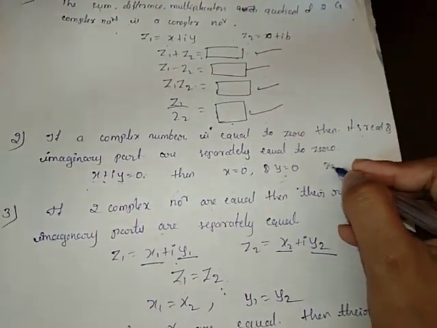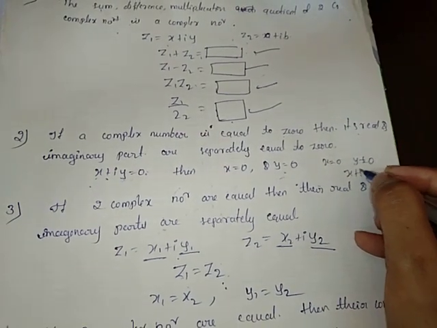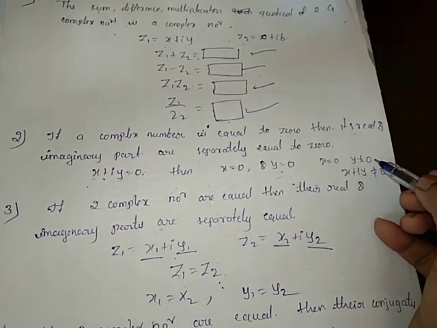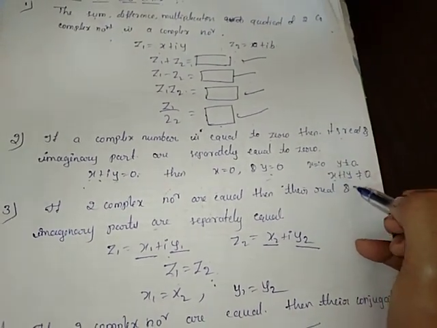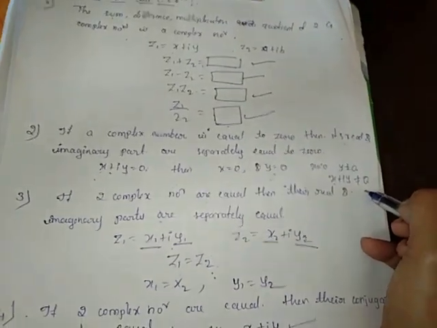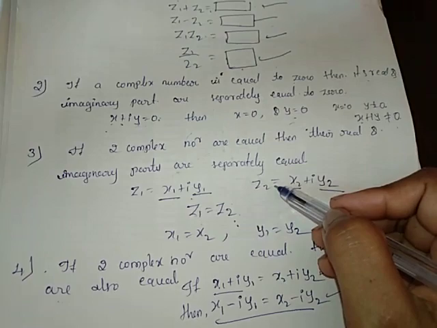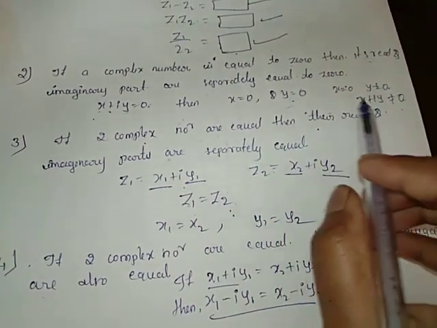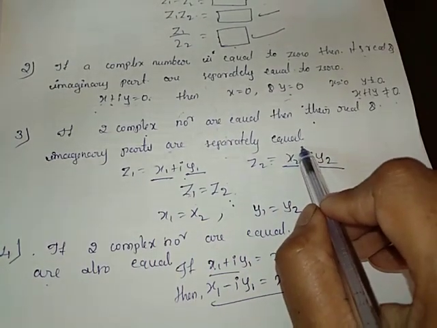Suppose x is 0 and y is not equal to 0, then x plus iy is not equal to 0. Similarly, if y is 0 and x is not equal to 0, then x plus iy is not equal to 0. That is our property 2. According to property 3, if two complex numbers are equal, then their respective real and imaginary parts are separately equal.